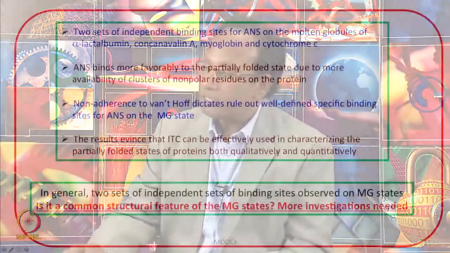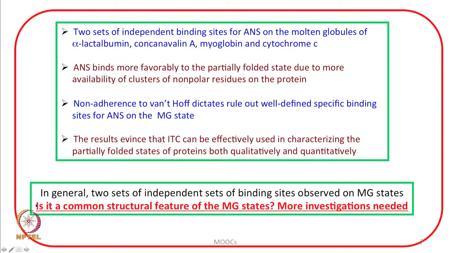So, the comment made over here applies to those states, that in general there are two sets of binding sites on the MG state for the incoming ANS molecule. So, is it a common structural feature of the MG states?